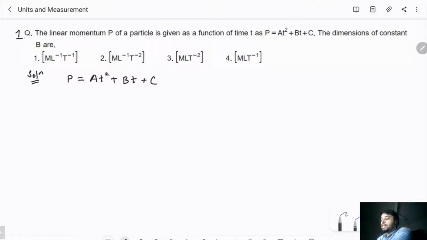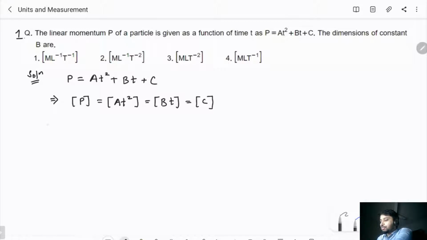Here each and every term will have the same dimension. So the dimension of p will be equal to the dimension of at square, which will be equal to the dimension of bt, and that will be equal to the dimension of c. With this information we'll try to solve this problem.